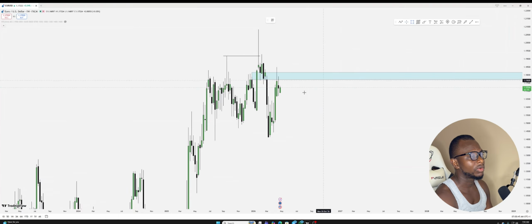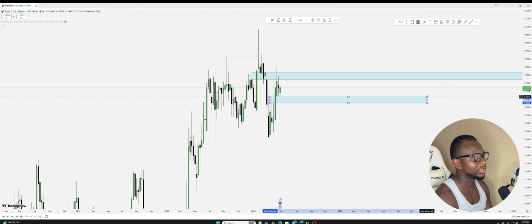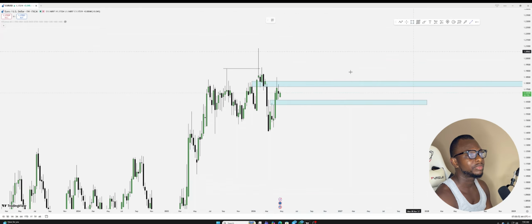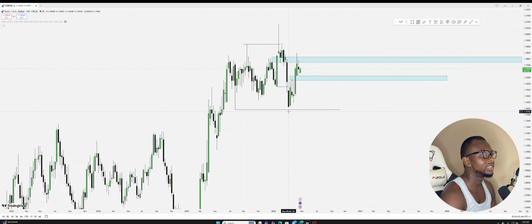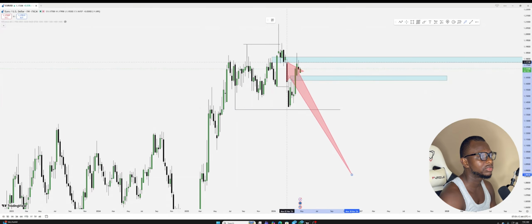Now on the Euro USD, what I'm targeting is just this fair value gap right here. Even if I can see that price is about to give us a massive bullish retracement, we have this liquidity that was yet to be raided, right? Price traded just closely into that to take out this sell side liquidity, and then boom, we reversed into this volume imbalance, and you can see that price is rejecting that area.